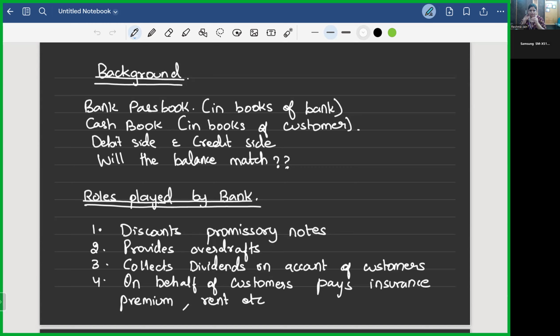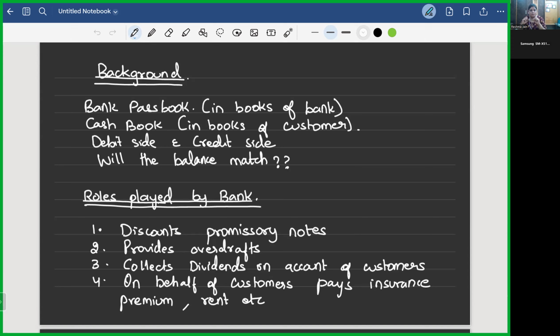Before that, we'll know a little bit about banks. What do banks do? Generally they accept deposits and lend loans, that we know. Apart from that, they do many other services: discounting bills, standing instructions, payment of electricity bills and insurance premiums, and many more such things.